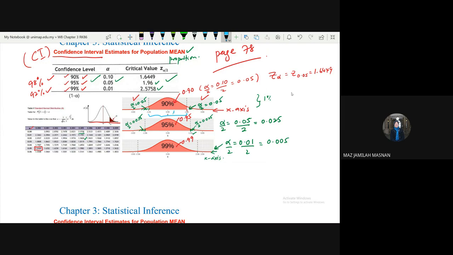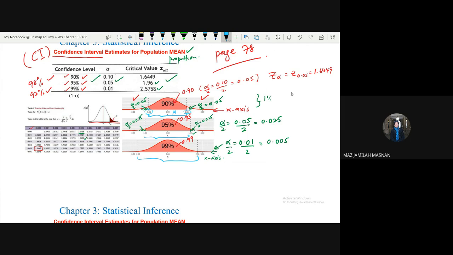If you are talking about your mu, it will be between these values. This value is your critical value. If you are referring to x, the mean, the mean will range from this interval to this interval. For a 95% confidence level, the interval will be a bit bigger than for 90%. If you have a 99% confidence level, your interval will be even bigger.